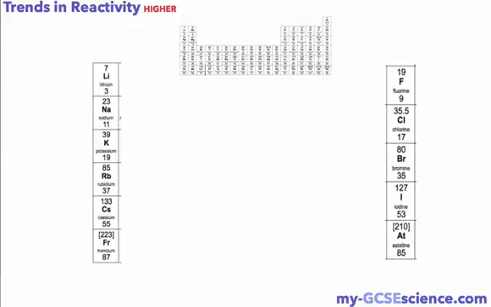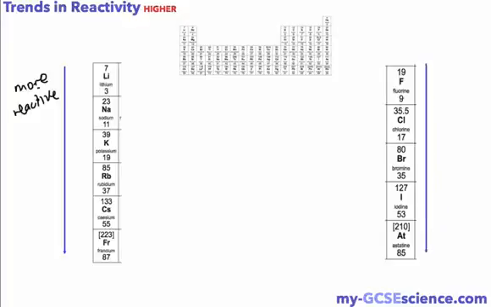And the key thing to remember about group 1 and group 7 is that when you go down group 1, the elements become more reactive, and when you go down group 7, the elements become less reactive, and therefore the more reactive elements are at the top for group 7. This is group 7, this is group 1.